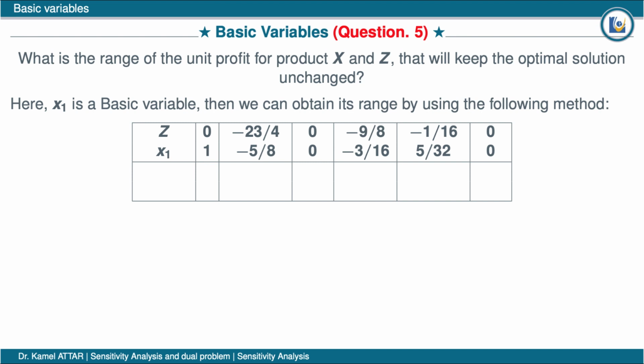In this table, we have the net evaluation of Z and the net evaluation of x1. The method consists of dividing the row of Z over the row of x1, and then we choose the least positive ratio, which is positive 46 over 8, and the least negative ratio, which is negative 2 over 5.